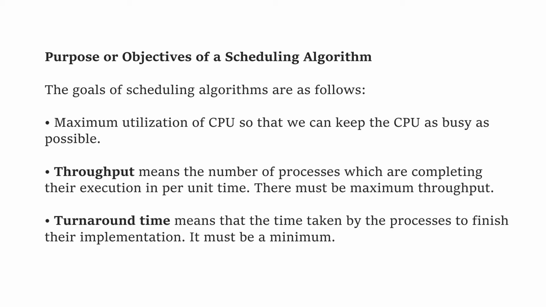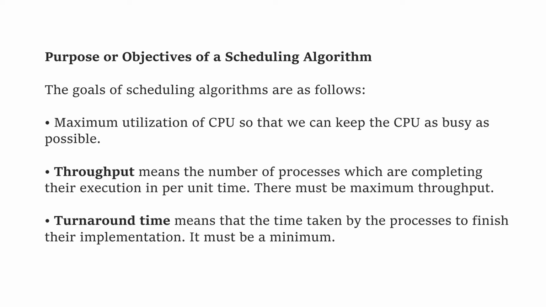The purpose or objectives of a scheduling algorithm: the scheduler uses only the scheduling algorithms to schedule the process. What is the objective or purpose of these algorithms? The goals of scheduling algorithms are maximum utilization of CPU, so that we can keep the CPU as busy as possible.